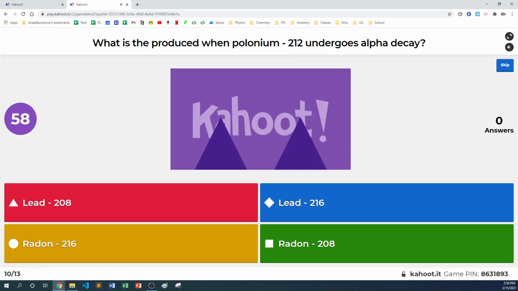What is produced when polonium-212 undergoes alpha decay? I guess. Why guess? Y'all should all have your periodic tables out.